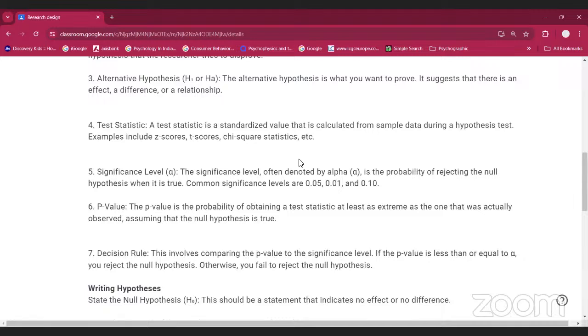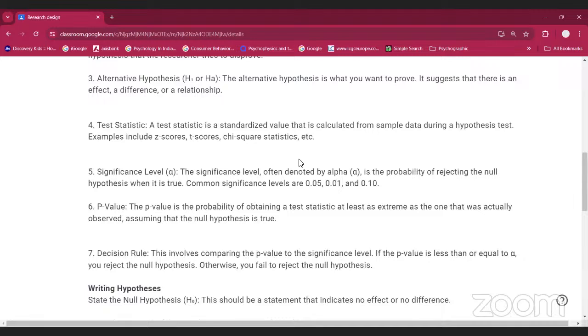That is whether it is 0.05 or 0.01. This is the p-value. And if it is 0.06, that means you are accepting the null hypothesis. You are not accepting the alternative hypothesis.